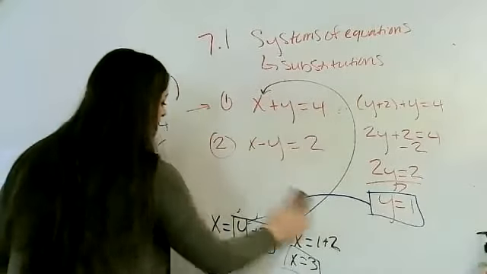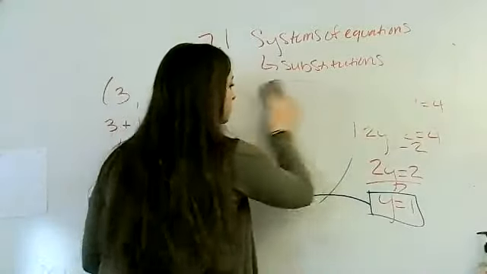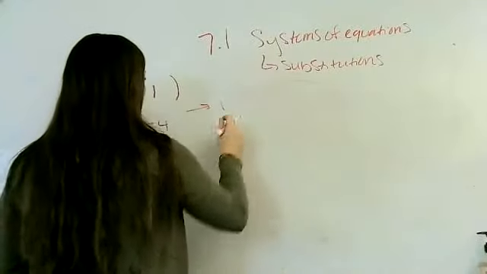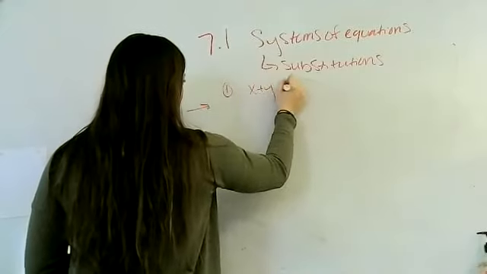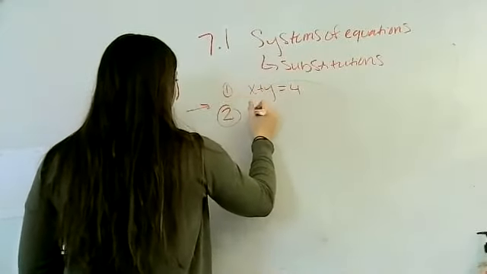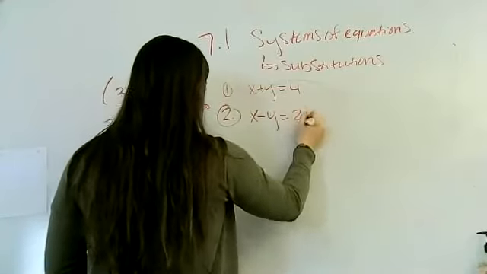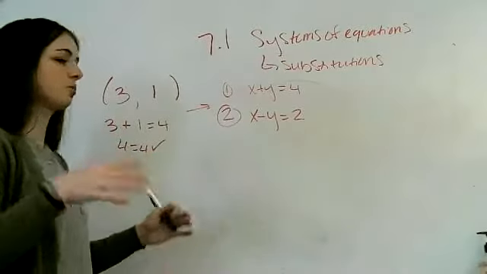Okay, so I'm going to erase some of this work. If we go back to our two original equations, x plus y equals 4, and x minus y equals 2, what I need you to do first is write these in terms of y.